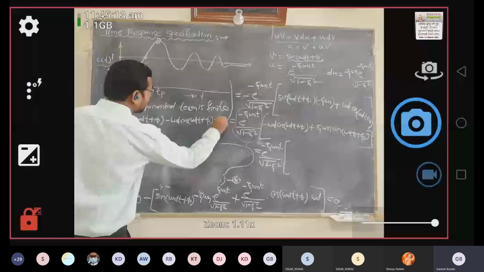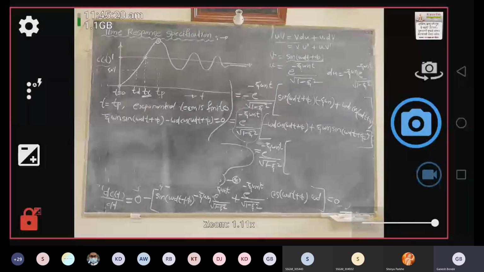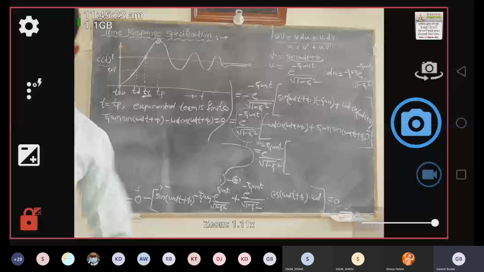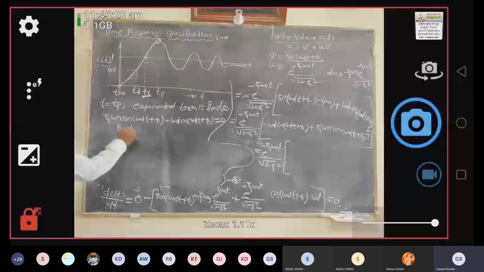Now, when this term is equated to 0, then this condition is satisfied. And here we have derived the expression for the time response of a second order system.